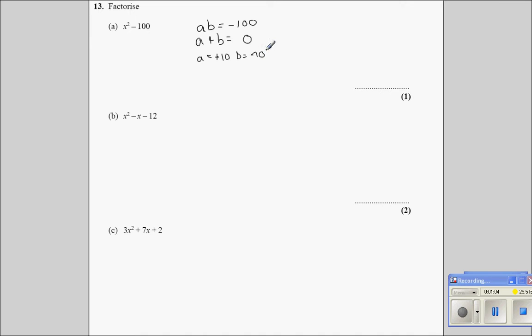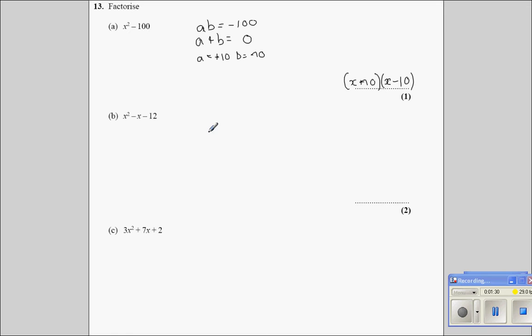So the answer is... and this is a special factorizing. It's called the difference of two squares because we have x squared, something squared, take away something squared.